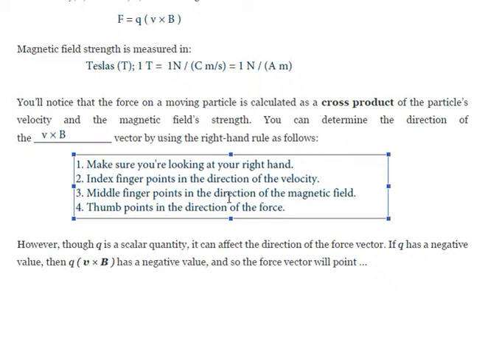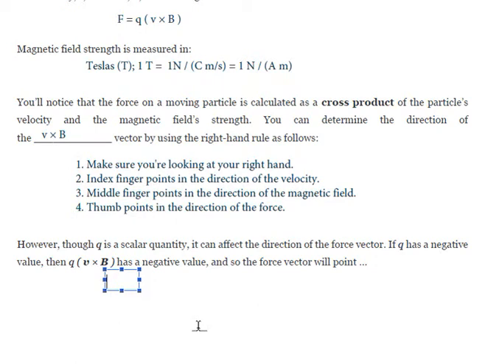So keep in mind that figuring out the direction of the force this way only accounts for the V cross B part. Don't forget we have that scalar Q out front, so the amount of charge will have an effect. So if Q has a negative value, then our overall Q V cross B will have a negative value, and that's going to force the vector to actually point in the opposite direction.